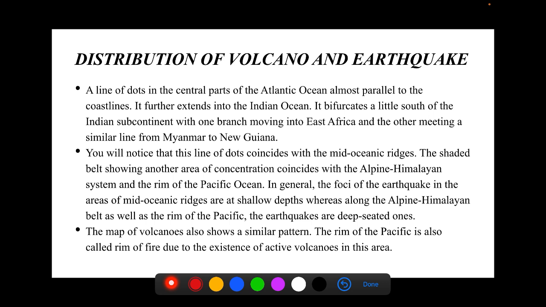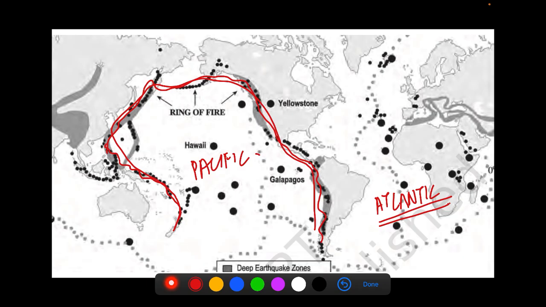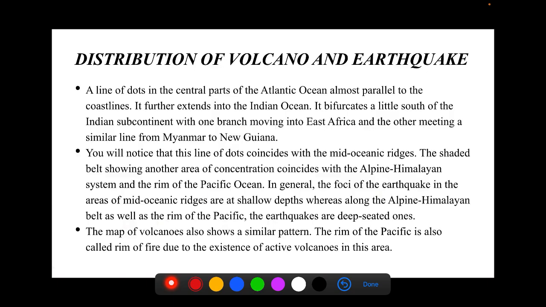So there is a line of dots in the central part of the Atlantic Ocean, almost parallel to the coastline. We see that this is the part in the Atlantic Ocean and it is almost parallel to the coastline, right? It extends into the Indian Ocean, and it further bifurcates a little south of the Indian subcontinent, with one branch moving into East Africa and the other meeting a similar line from Myanmar to New Guinea.